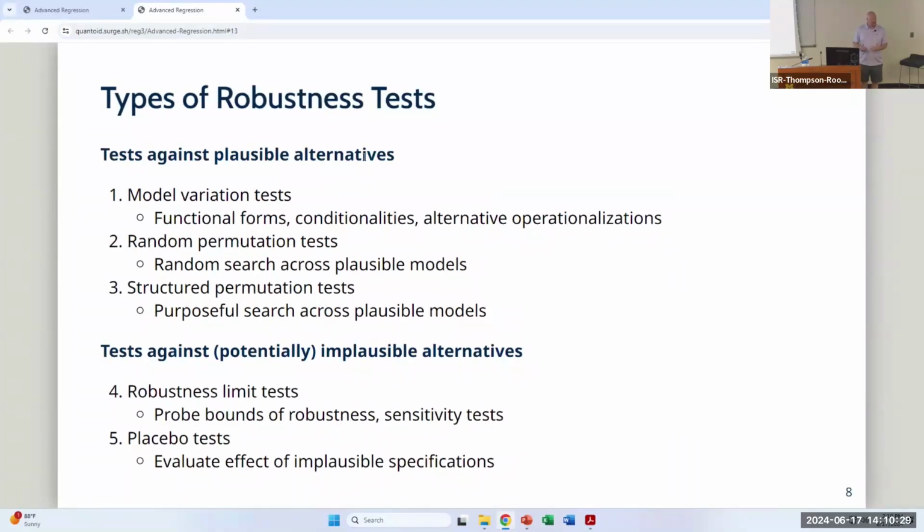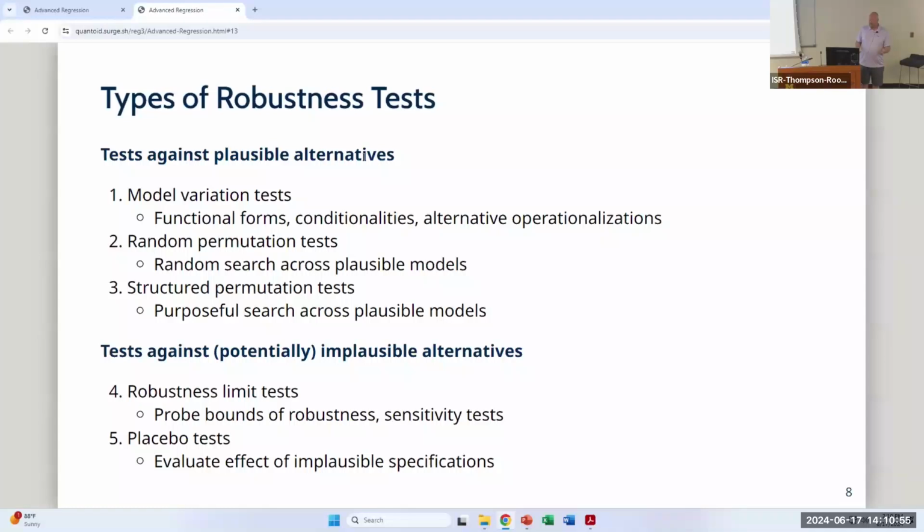There are several types of robustness tests, in really broad strokes. What Neumayer and Plümper talk about are really tests against plausible alternatives. So how does my model or my effect or prediction or whatever I'm evaluating stack up against models that are good plausible alternatives to that? So other good ways that are sort of consistent with our theory that we might think about those effects.